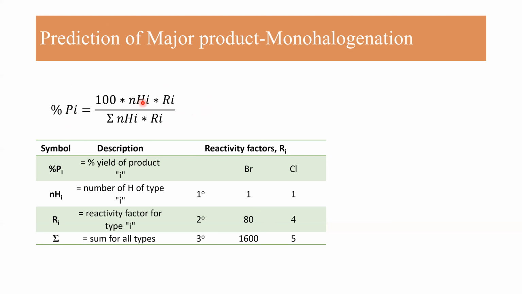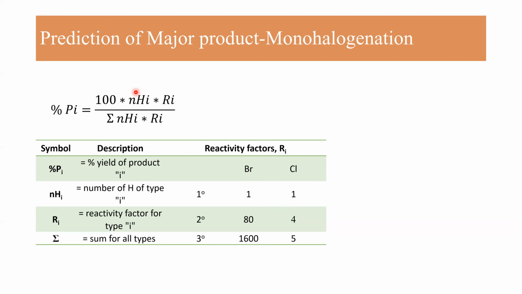NHi is the number of hydrogens available at the position for which you are looking for the product, right? Ri is the regioselectivity value of bromine or chlorine. So you have to check whether the reaction is with bromine or you are looking for a chlorination reaction, and you put that value for the protons.